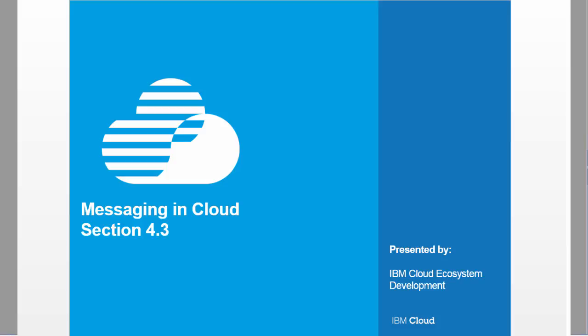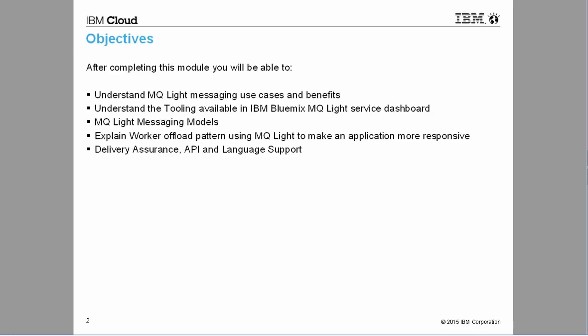Today we are going to talk about Messaging in Cloud, Section 4.2. So the objectives for this presentation are to understand the use cases and benefits of MQ-Lite messaging, and the tooling available in Bluemix for the MQ-Lite service, and different types of messaging models that can be implemented in MQ-Lite.